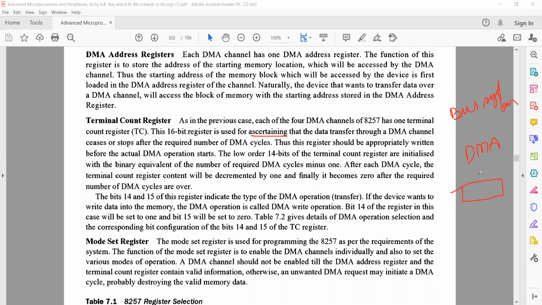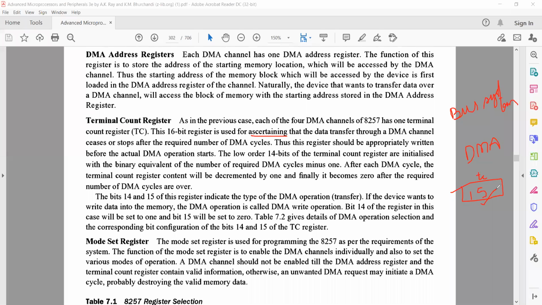If this terminal count register is written with 15, let us say, I am writing a general number, but it will be written in binary, it indicates that the data transfer from the device to the memory of the CPU through the DMA channel will be done for 15 clock cycles or timing cycles.